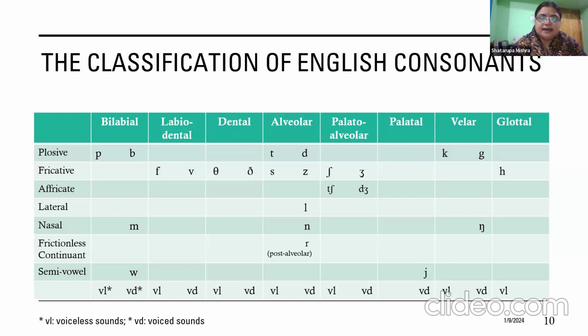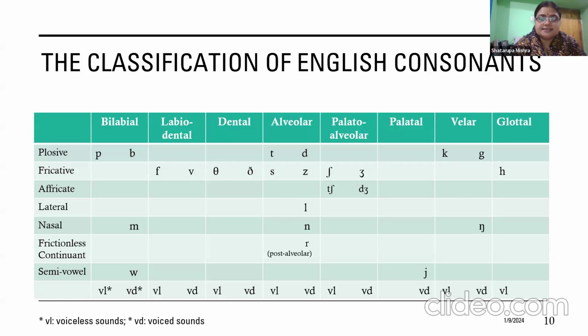Okay, so if you have such a table in mind, you will be able to describe a particular sound using the terms for place of articulation and the terms for manner of articulation, and saying whether they are voiced sounds or voiceless sounds. So for example, look at the sound P as in pat. Okay, P sound. So it is a plosive and it is a bilabial sound and it is voiceless.